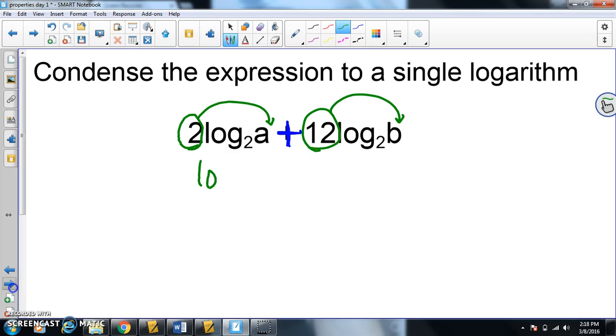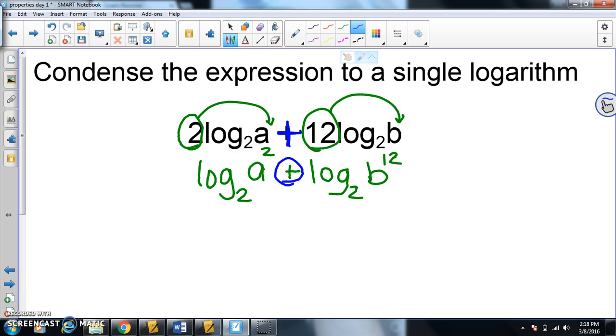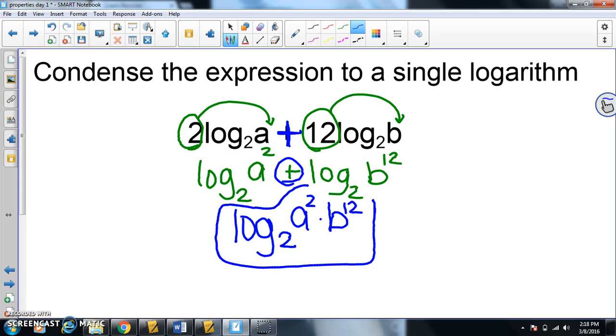So I have log base 2 of a squared plus log base 2 of b to the 12th. I then use my addition of logs property, and I'm going to condense to log base 2 of a squared times b to the 12th. This is my condensed expression.